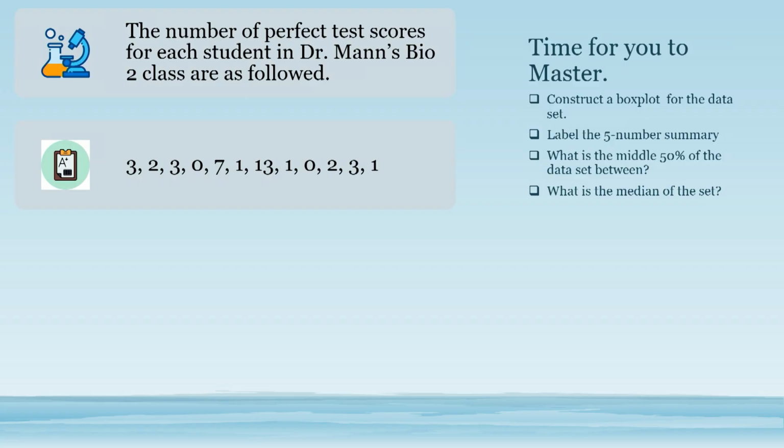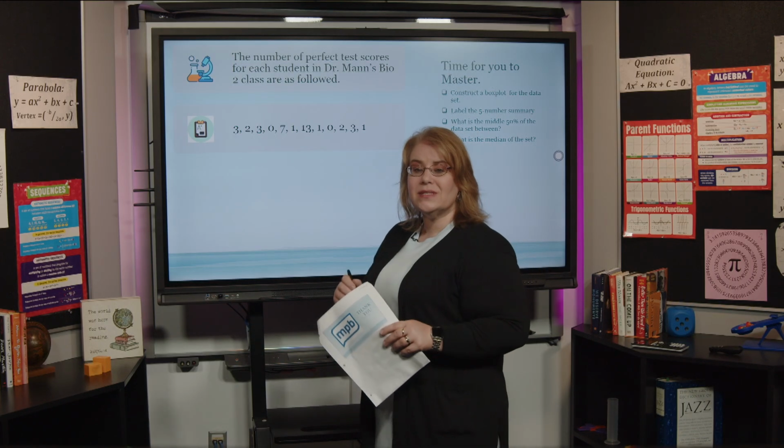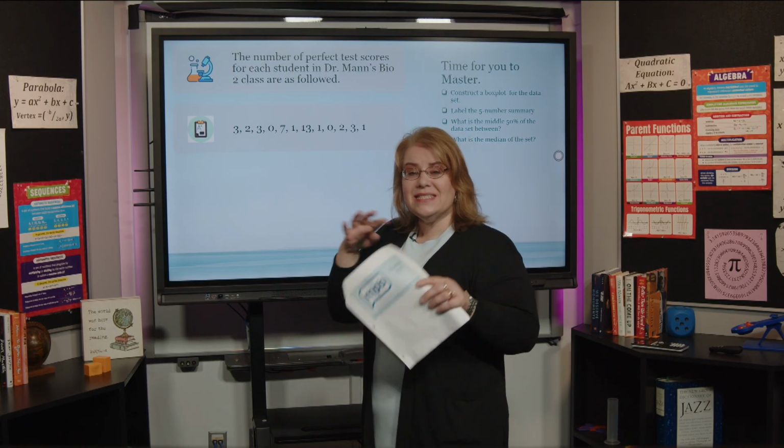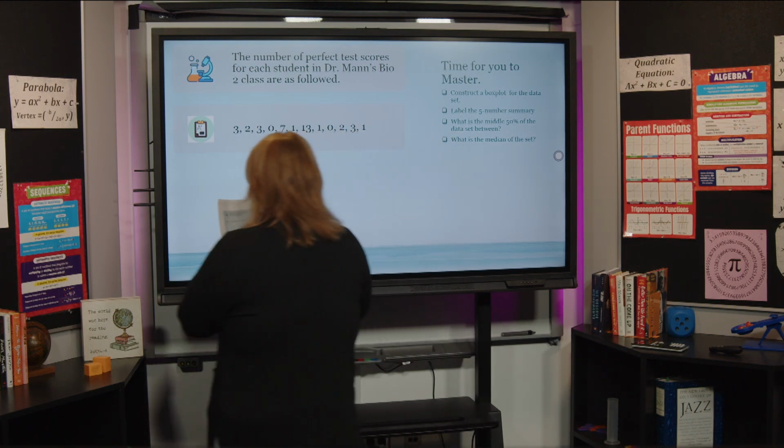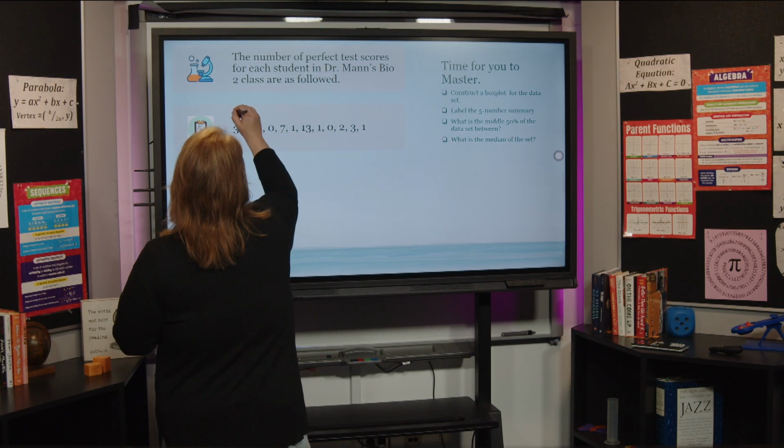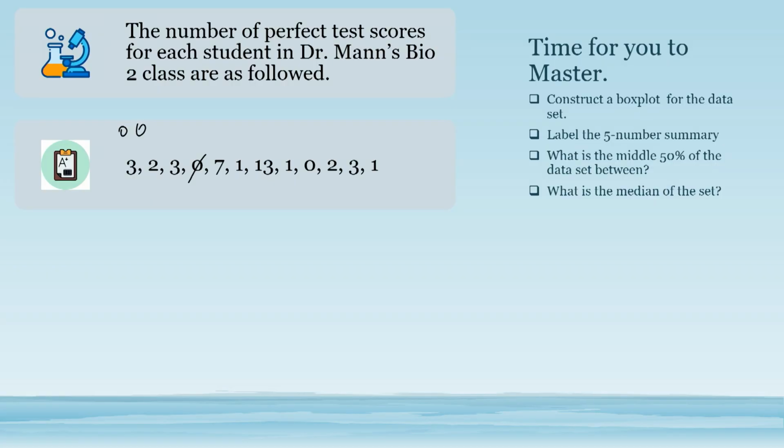All right, so the first thing I'm going to do is put these numbers in numerical order. I have to do that to see what I've got. So here we go. I'm going to put 0, 0, 1, 1, 1, 2, 2, 3, 3, 3, 7, and 13.